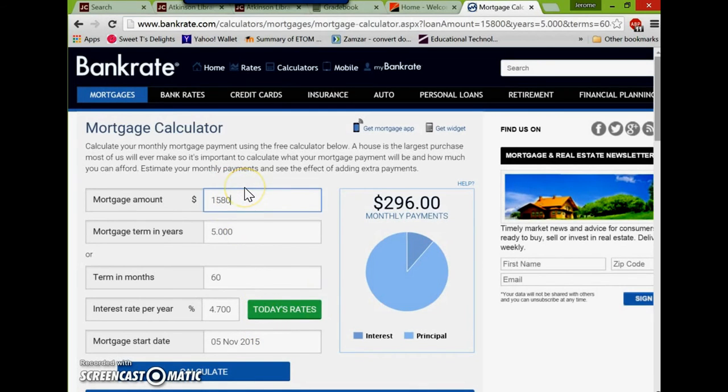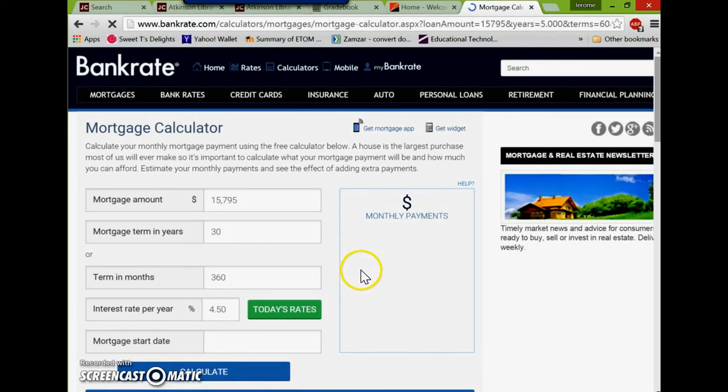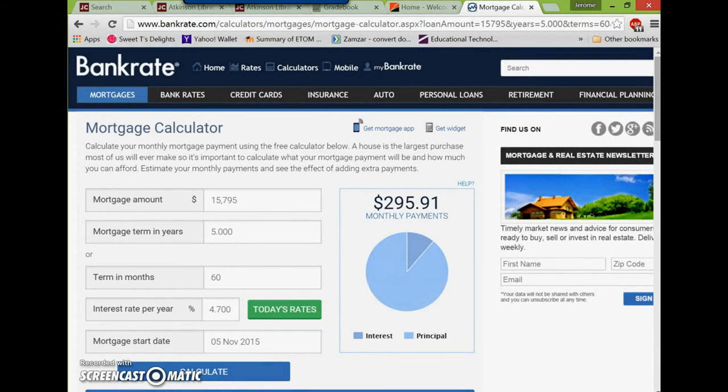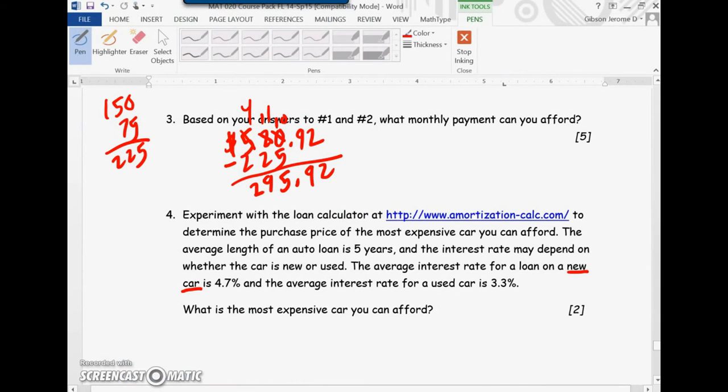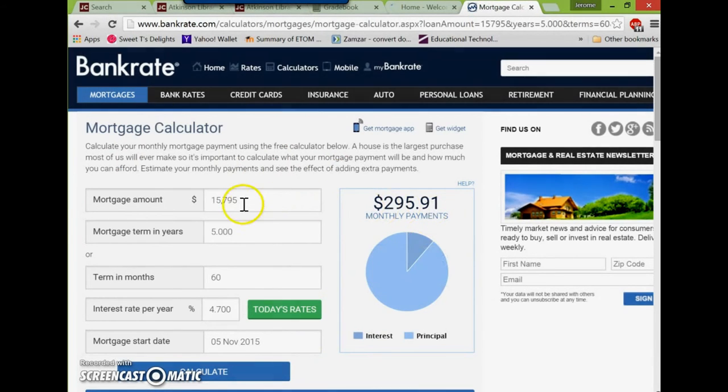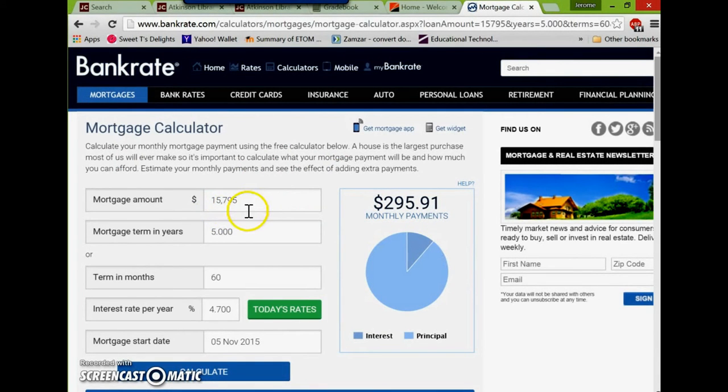Okay, it looked like it's going to be more like 795 or something like that. So it has to be 95, 92. Okay, so this is as close as we would get it. So it's $15,795 is the amount that the car has to be. Anything above that is incorrect.